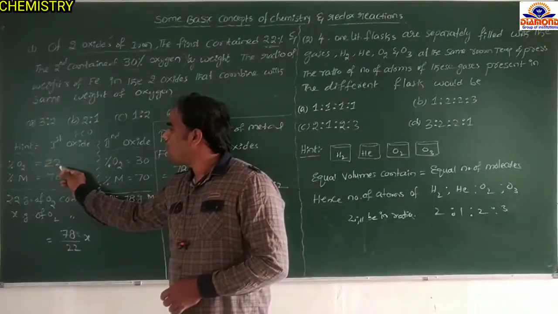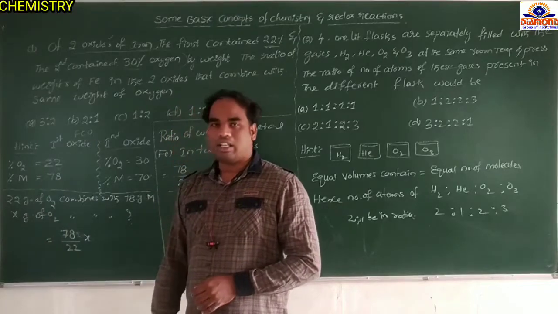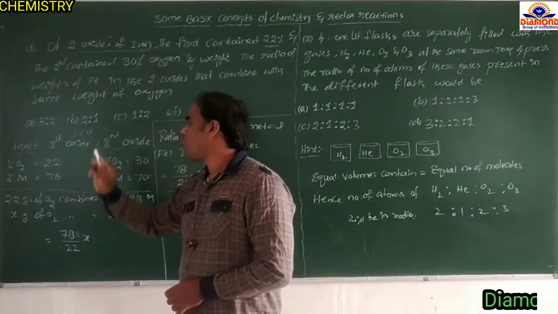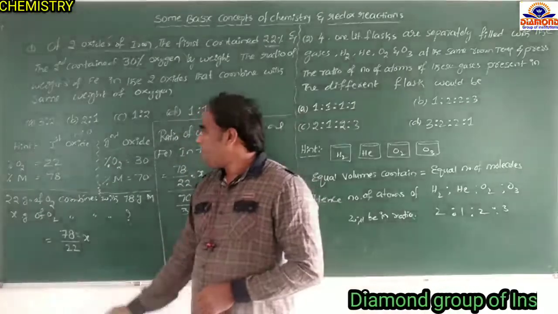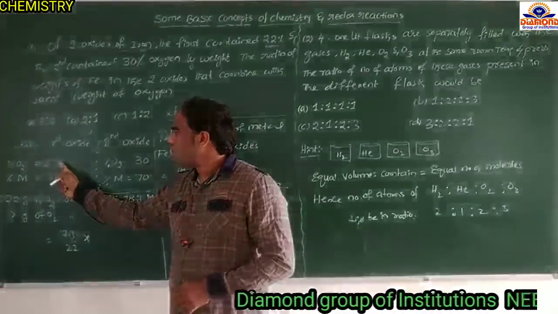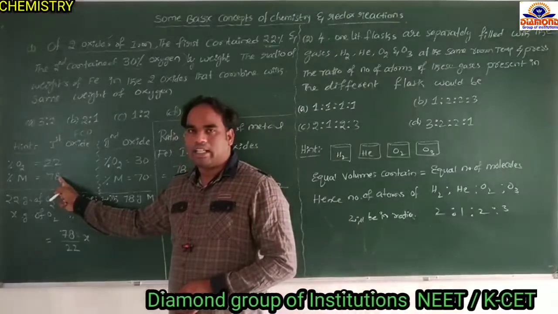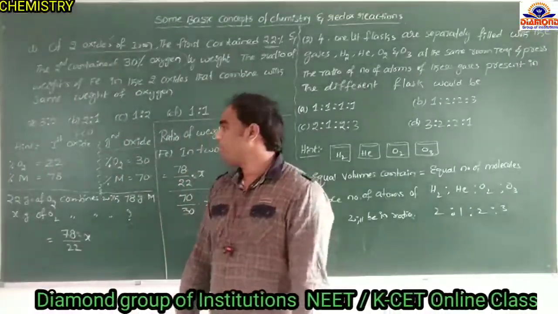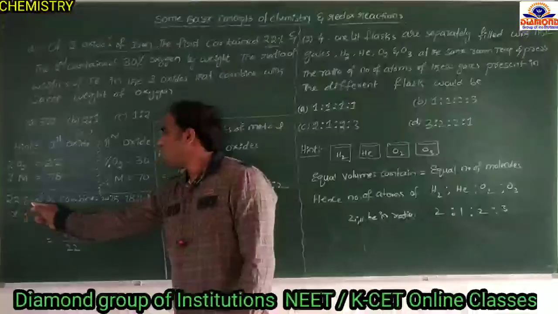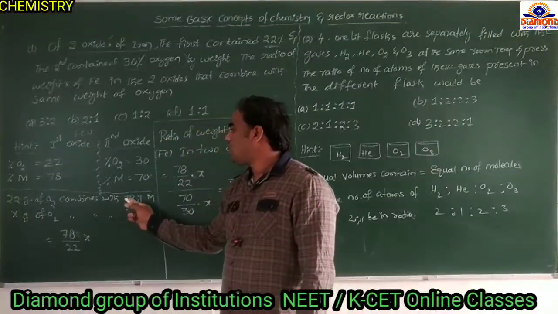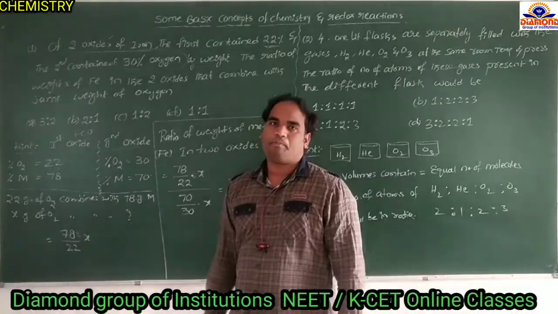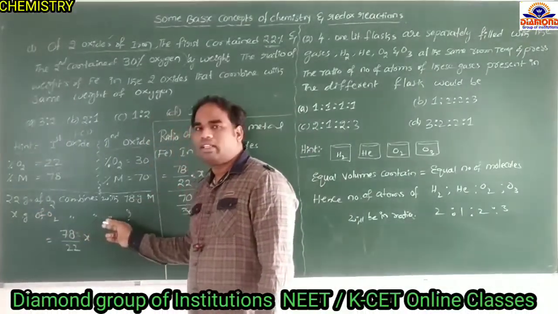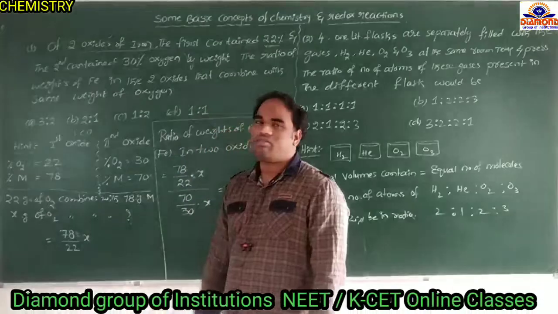22 grams of oxygen combined with 78 grams of metal, and they form one kind of iron oxide. So X grams of oxygen combines with how many grams of metal?